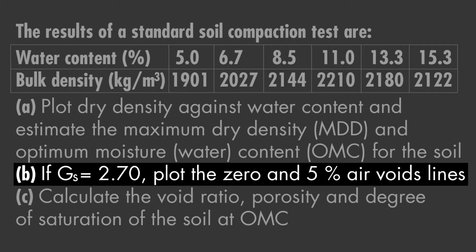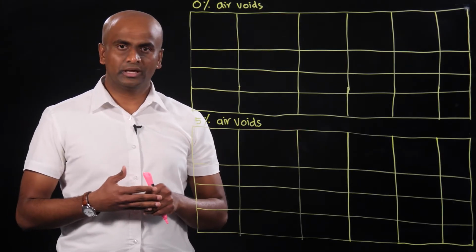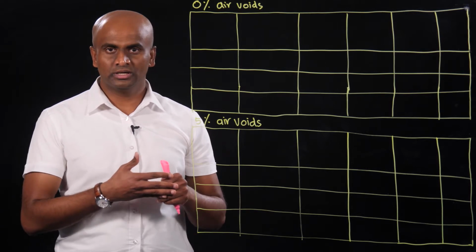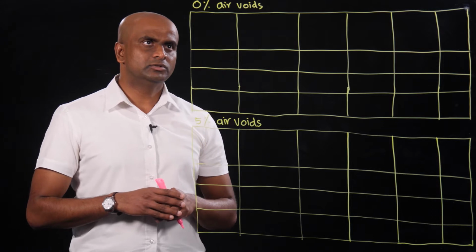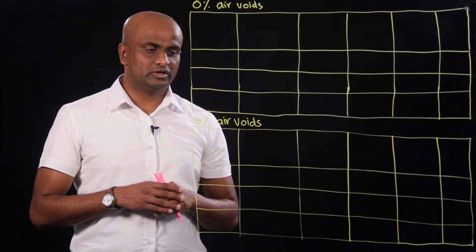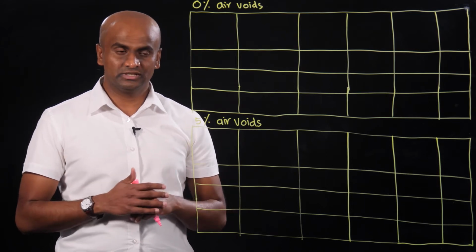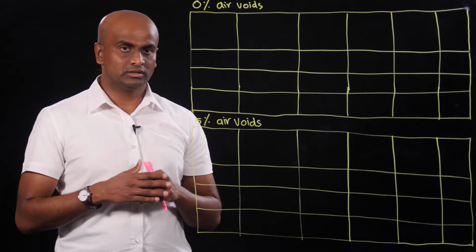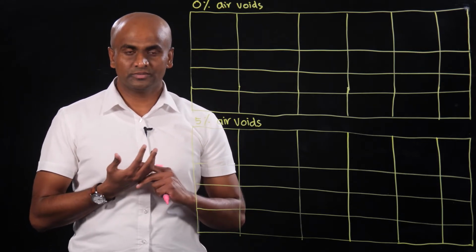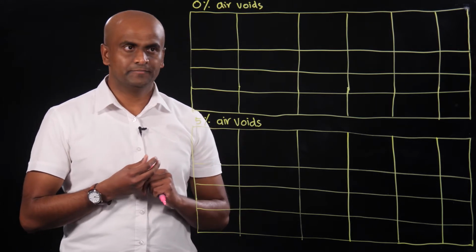Part B of the question asks you to draw the 0% and 5% air voids curves. These curves are actually important because they can be used to ensure that the test results are accurate. To draw these 0% air void curves and 5% air void curves, we need to do a bit of a phase relationship type calculation, because to draw these curves we need to know some combinations of dry densities and moisture contents.